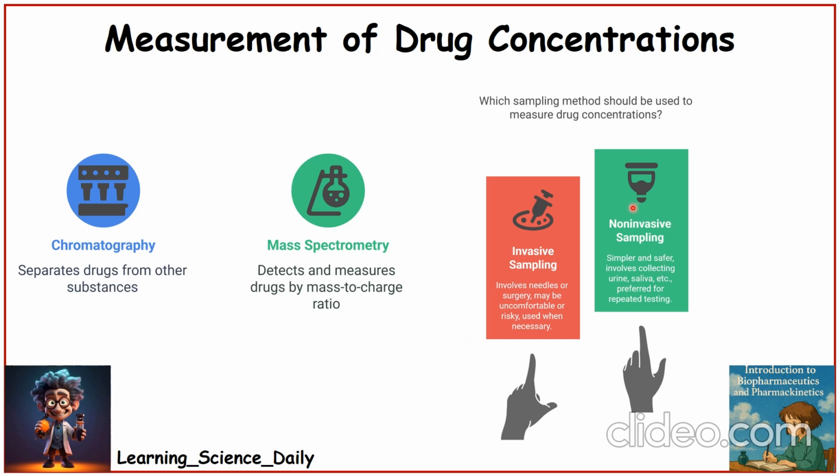On the other hand, non-invasive sampling is much simpler and safer. It includes collecting things like urine, saliva, feces, or even expired air, which don't require breaking the skin or entering the body. Non-invasive methods are often preferred when possible, especially for repeated testing or in vulnerable patients.